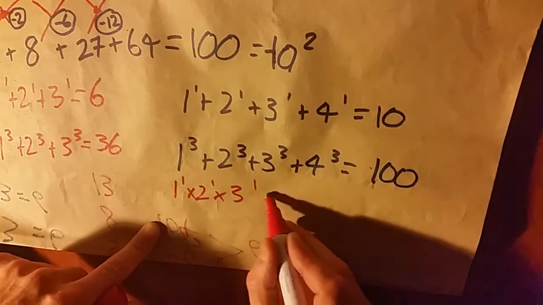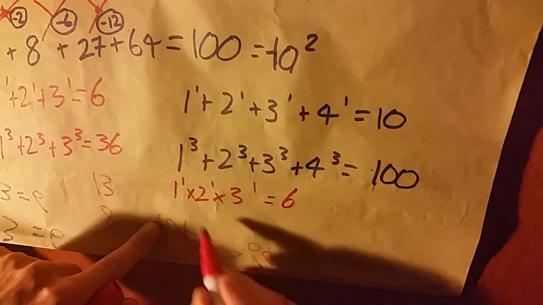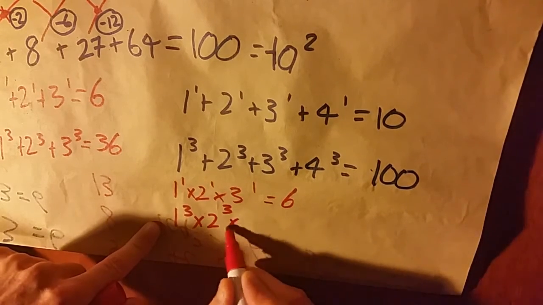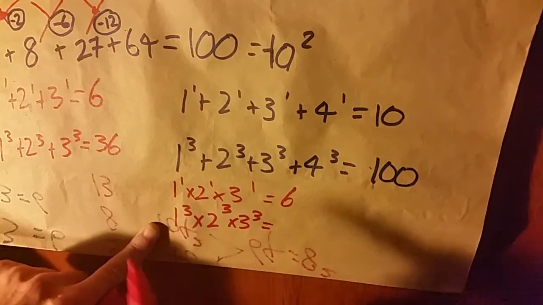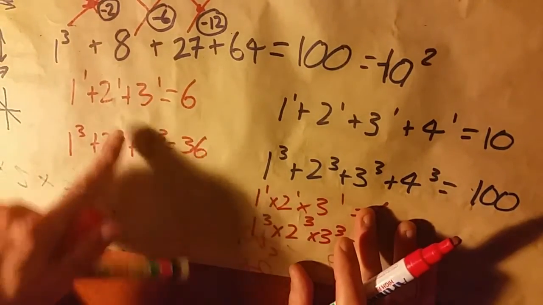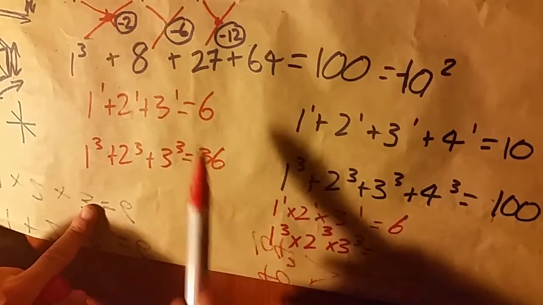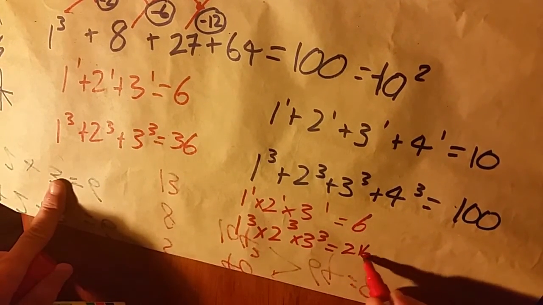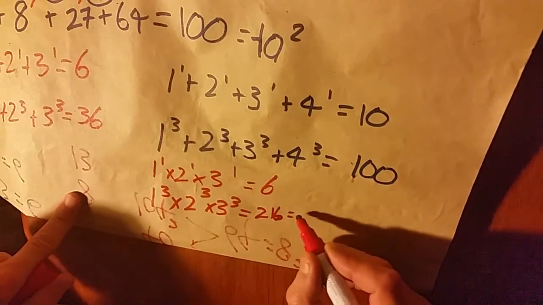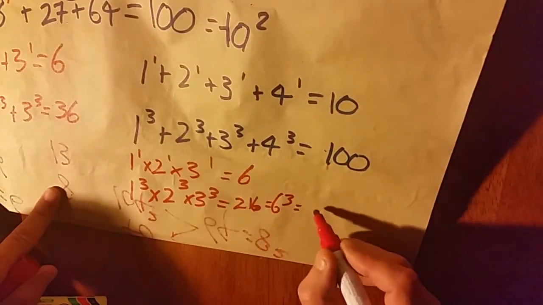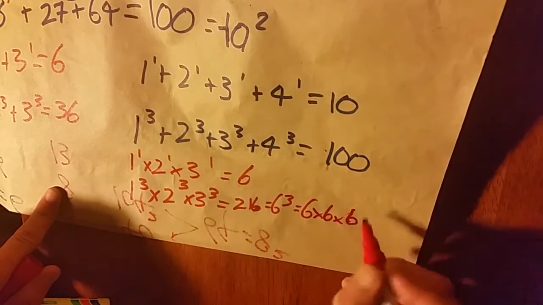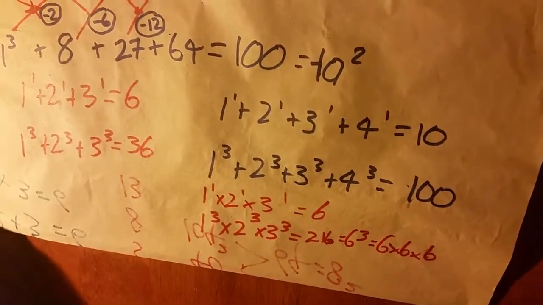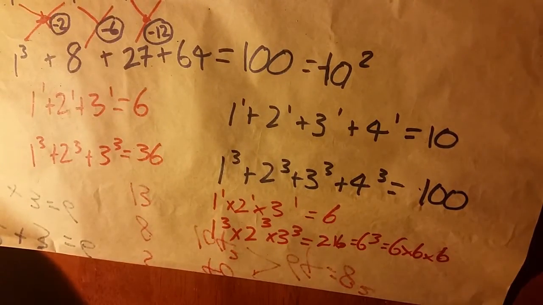So 1 times 2 times 3 equals 6, but 1 to the third times 2 to the third times 3 to the third, so instead of addition we're multiplying, gives us 216, which is 6 cubed, or the mark of the beast, 6 times 6 times 6. But also a very famous number with harmonics and Pythagorean schools, astronomy, and other bits and pieces.